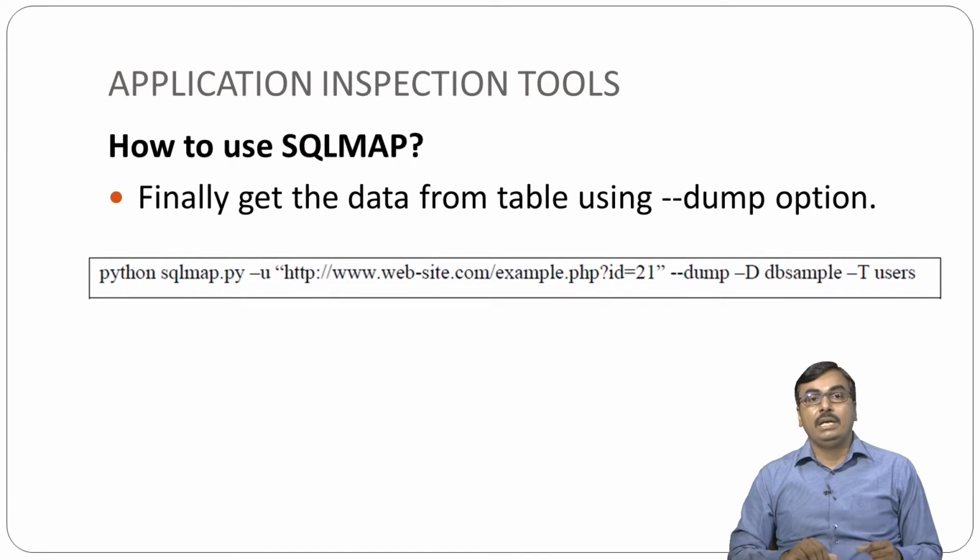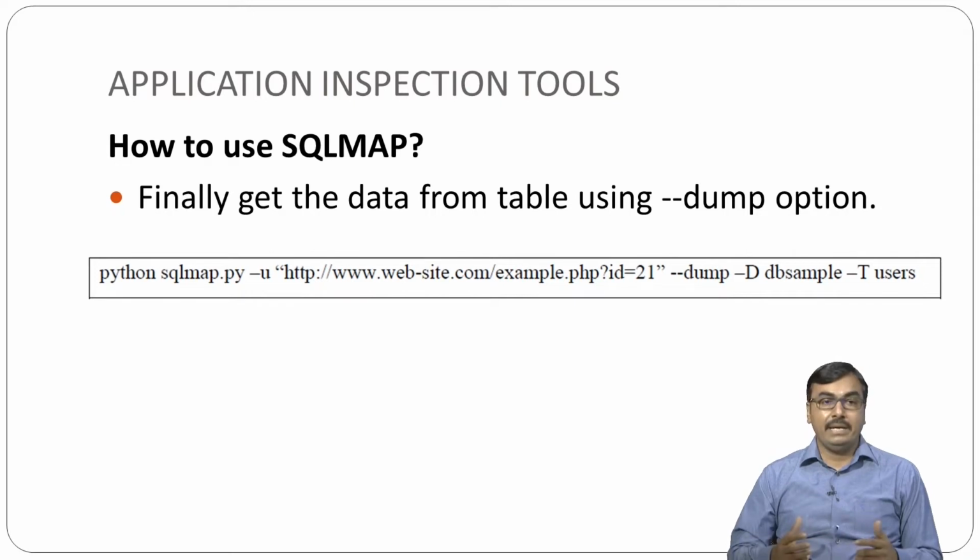Finally, we are getting the columns. So finally, get the data from the table using the --dump option. By getting the columns, ultimately we are getting the data.